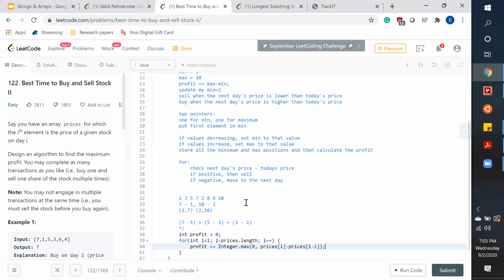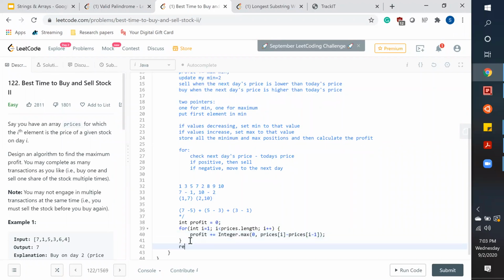So the reason I have the max here is because if it's negative, I don't want to add it, right? If it's like 2 minus 7, at the 7 and 2, I don't want to perform that transaction. So I'm saying check the difference in today's price and yesterday's price, and either add that value or just add 0.